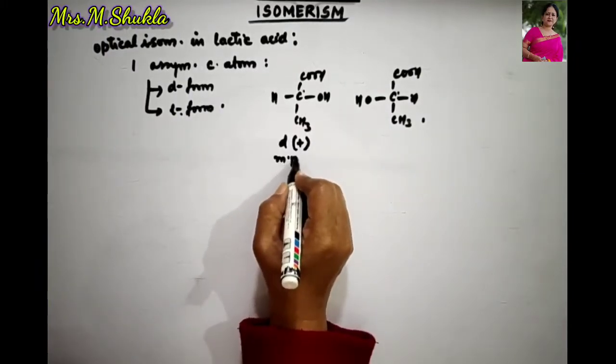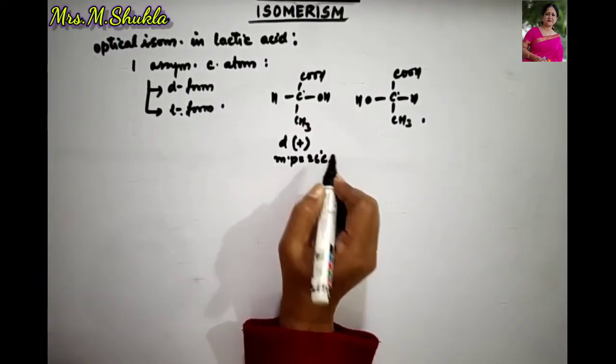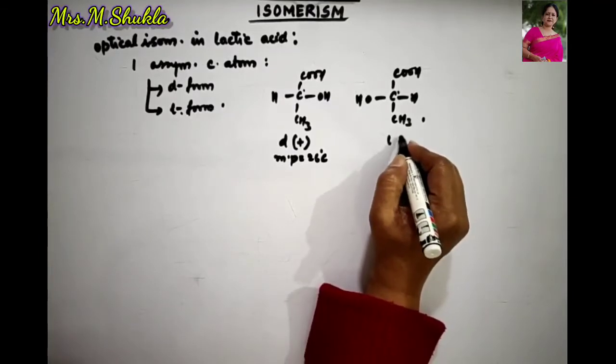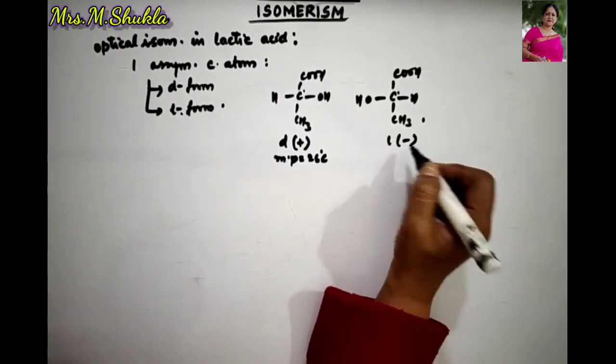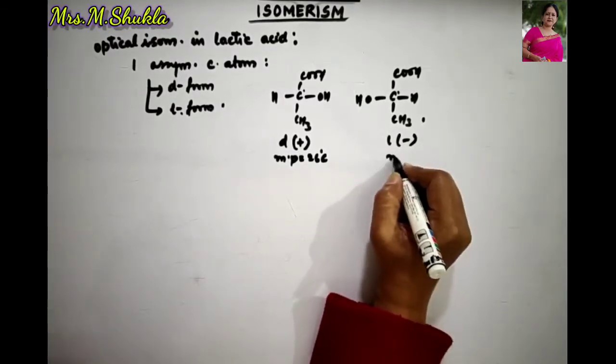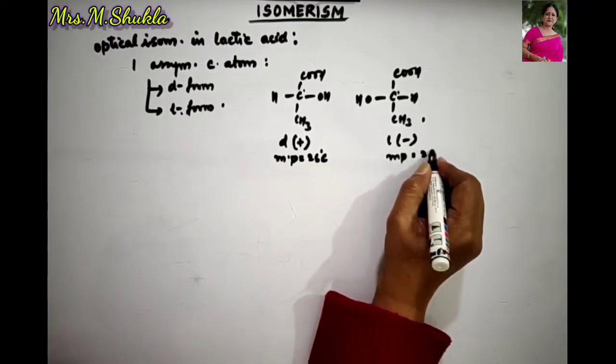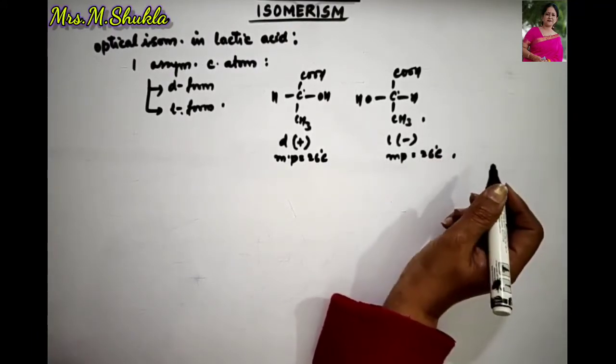Its melting point is 26 degrees Celsius. This is your L form, or you may say the negative lactic acid, and over here also the melting point is 26 degrees Celsius, right?